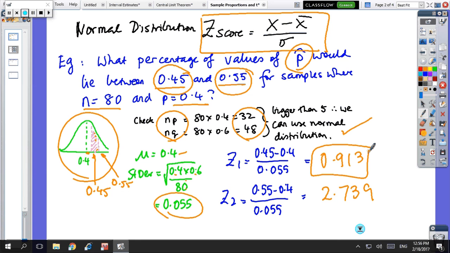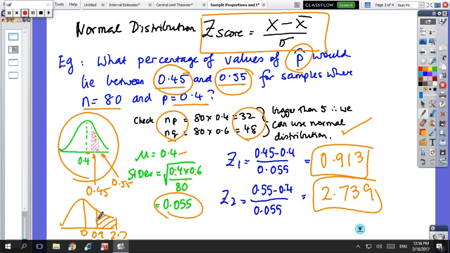So here are our z-scores. So if we're going to have a 0 in the middle, we're looking for a 0.9 and a 2.7, and we're trying to find the area under the curve between those values.